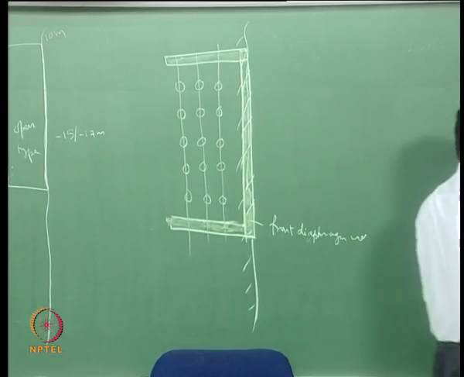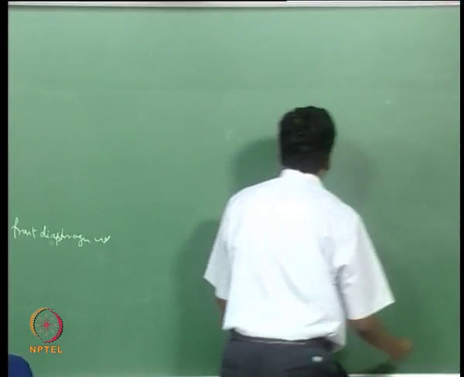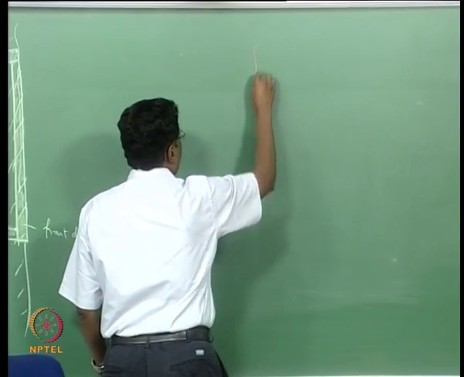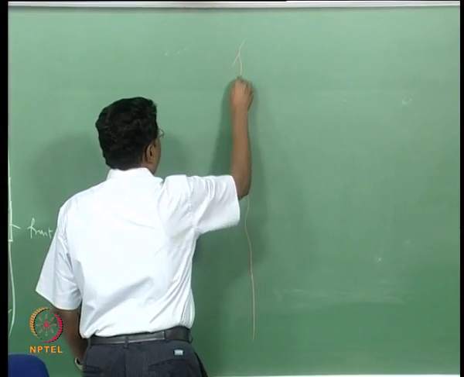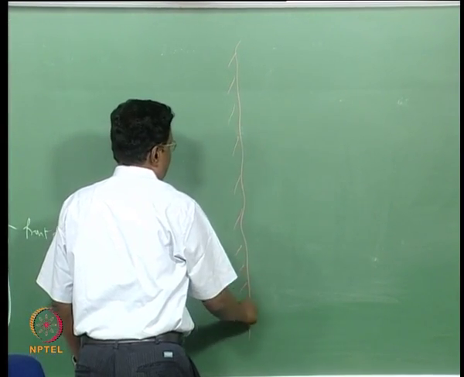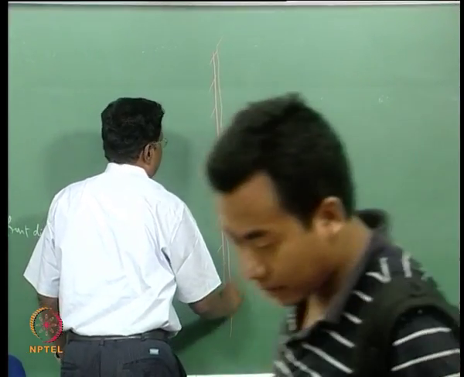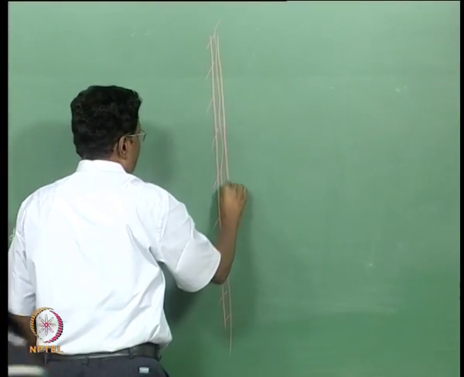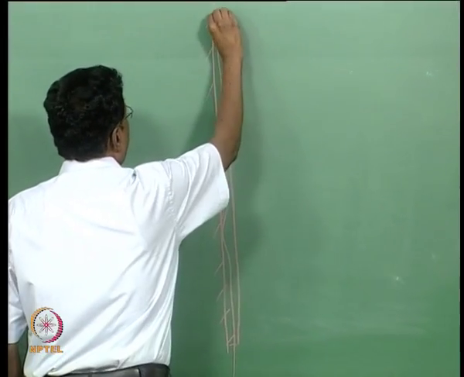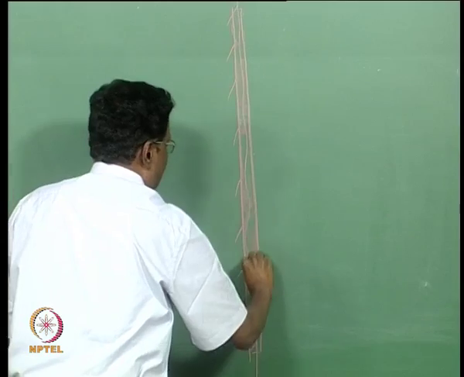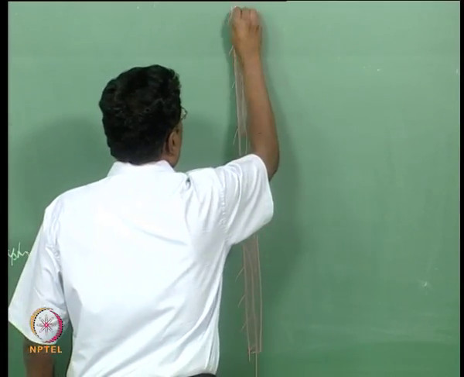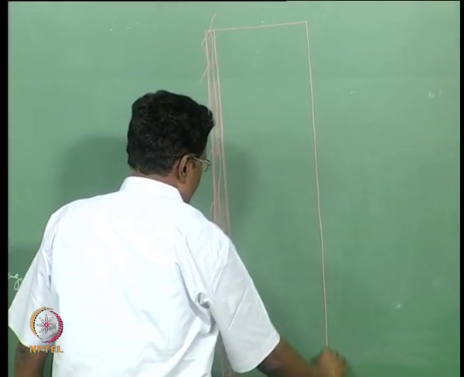There is another type of structure in which, suppose you have the shoreline here, you construct the diaphragm wall here, but put the piles on the front.